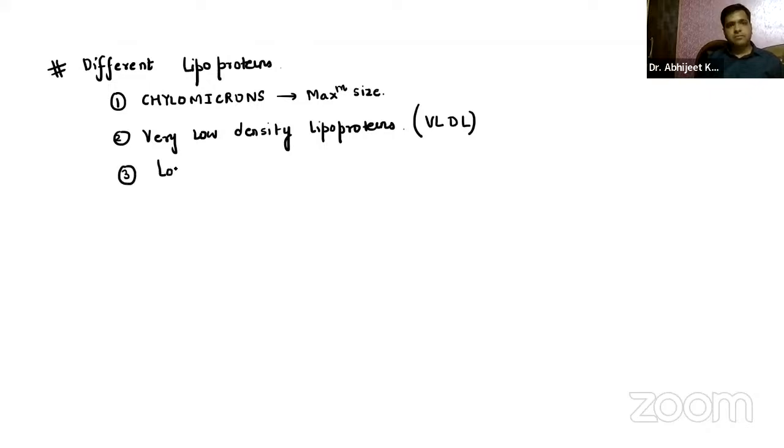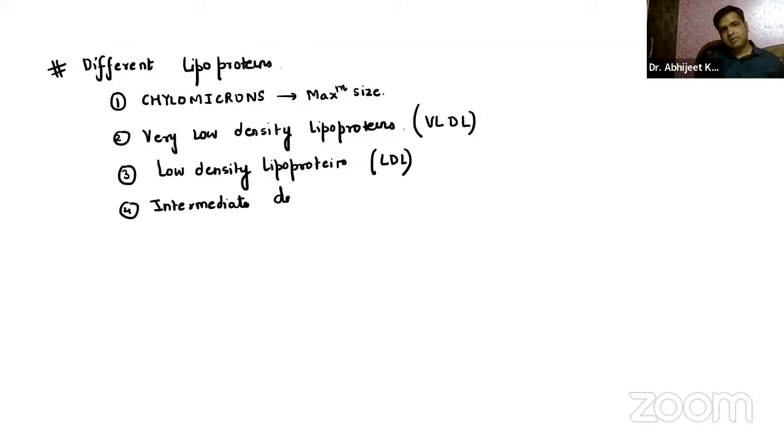Third one, low density lipoproteins, that is called LDL. Then we have intermediate density lipoproteins, IDL. Then we have high density lipoproteins.